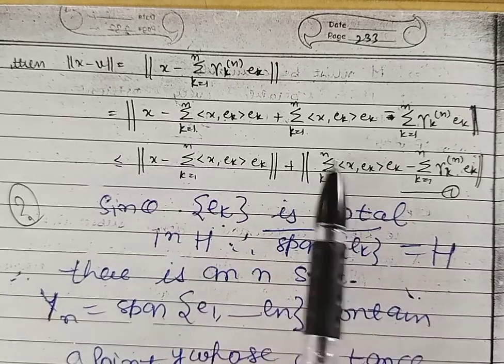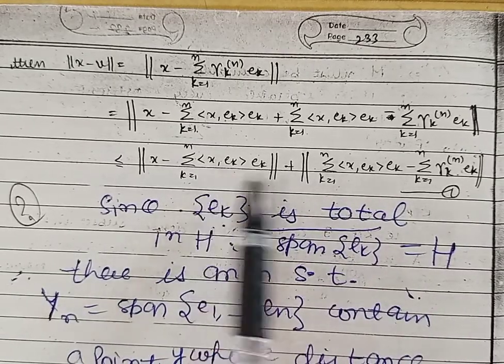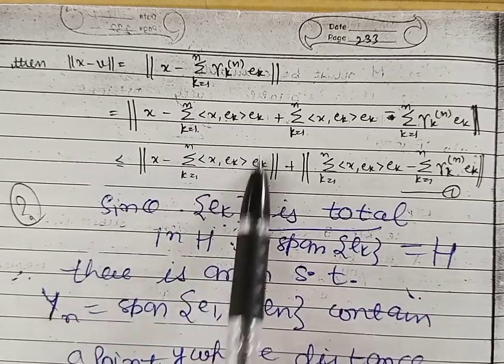Now we have to prove that these two quantities are each less than epsilon by 2. So firstly we discuss this quantity.